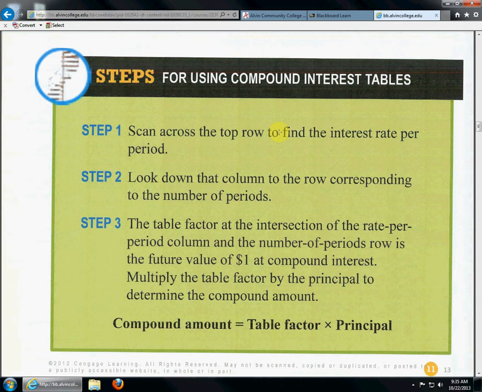And where they intersect is going to be the factor. Now, the table on page 348, and if you would hold that spot and flip over to your table on page 358.